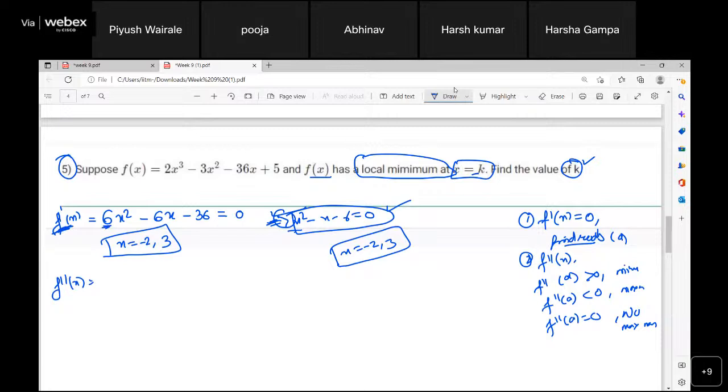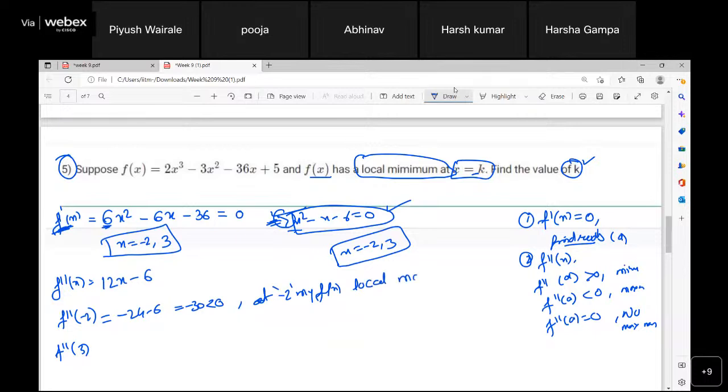So it will be 12x minus 6, right? Now just put f double dash of minus 2 and f double dash of 3. What are we getting here? Minus 24 minus 6, that is minus 30. It is less than 0, which means at minus 2, f of x will have a local maximum.